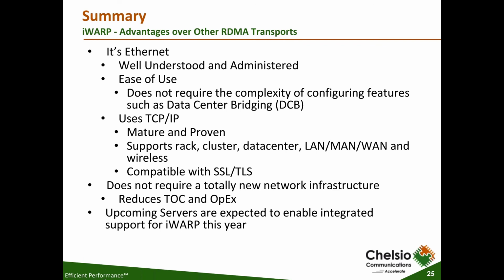He's got switches that he can swap out freely and not have to reconfigure with DCB or anything like that. And also we're mentioning that there are upcoming servers that are going to have integrated support for iWARP coming out sometime this year. So just backing up that iWARP is real. It's taken some time to get into the mainstream, but I think we're going to start to see a lot more.